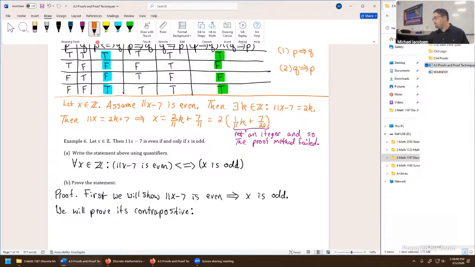If we have a P implies Q, then the contrapositive, or logically equivalent to the contrapositive is another way you could say it, is not Q implies not P. So that's what we're going to go for. Here's the Q statement, the conclusion. Negate that, and all you're saying is x is even.